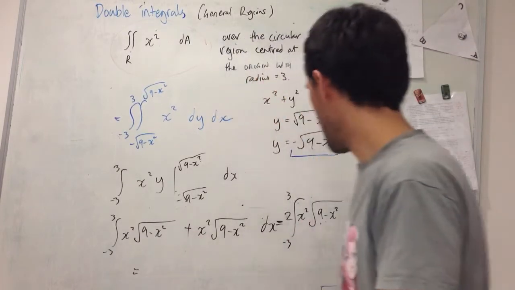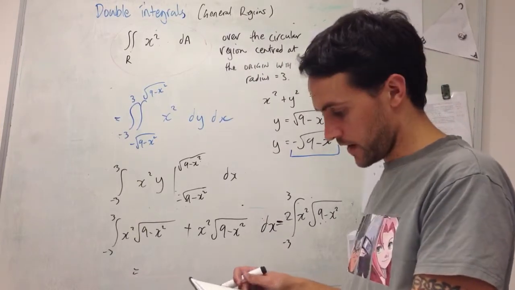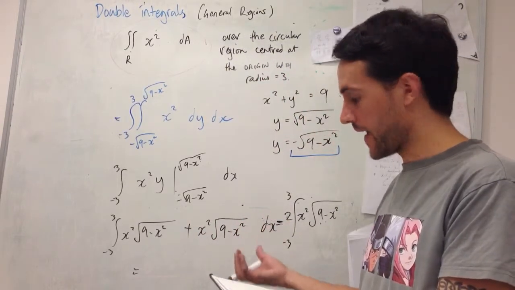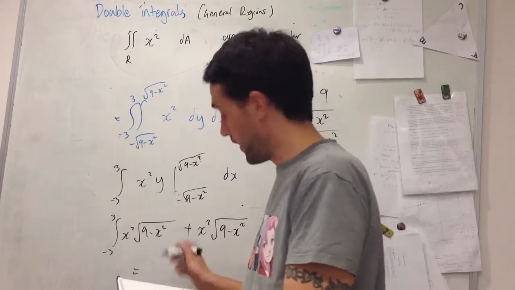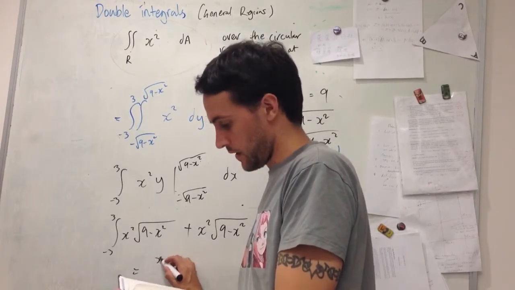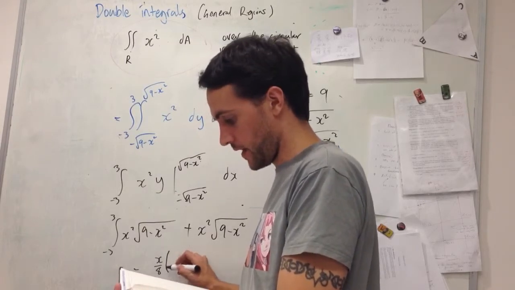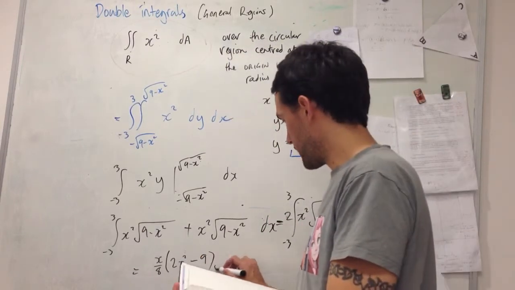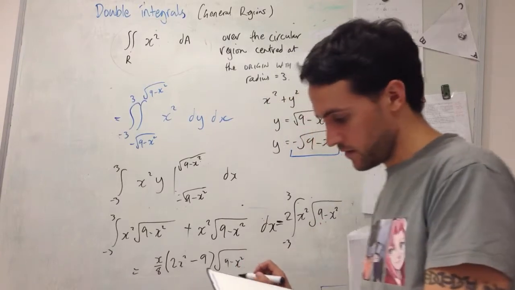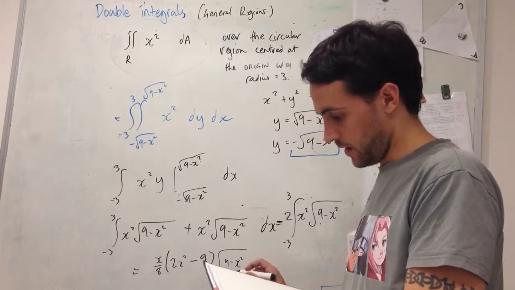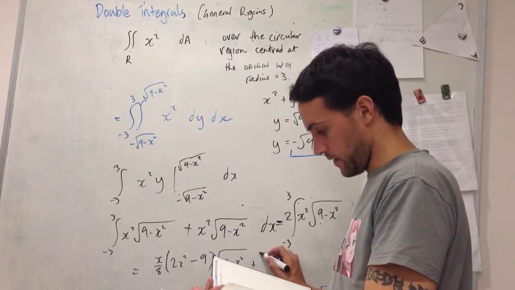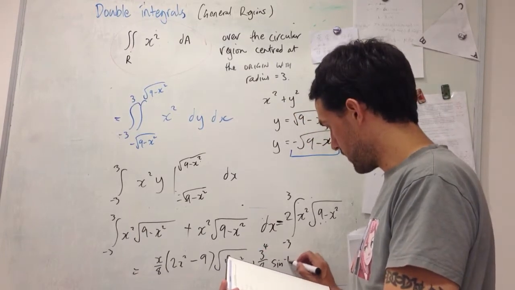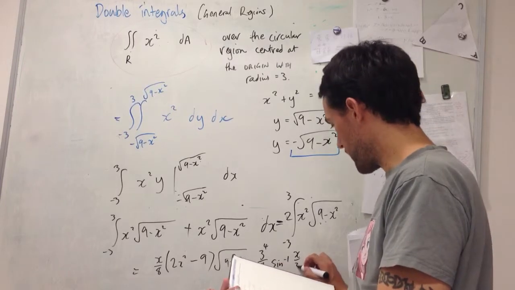Putting it into my formula, remembering that a squared is equal to 9, or a equals 3, I'm going to have x on 8 outside of 2x squared minus 9, times the square root of 9 minus x squared, plus, a is 3, so 3 to the power of 4 on 8 times inverse sine of x on 3.